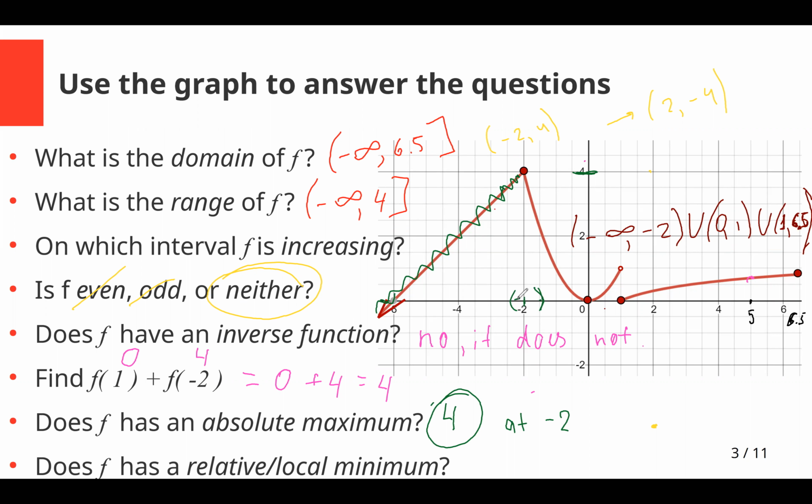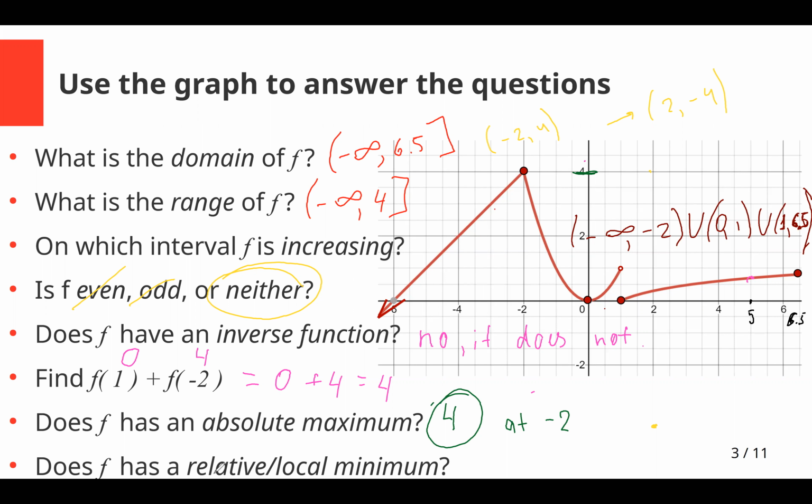I don't have this left part, it's undefined here. So it will not be a relative maximum. It's really extremely important to look into the definitions carefully. Go over them, make sure that you review them, okay?